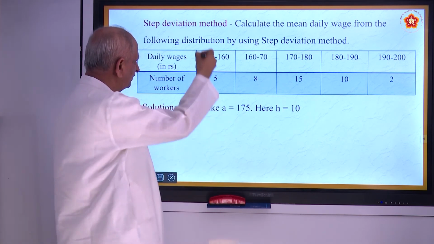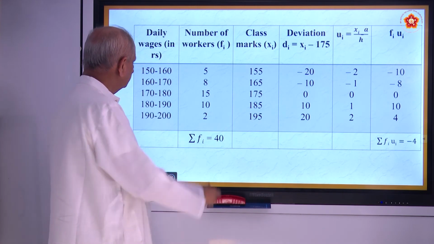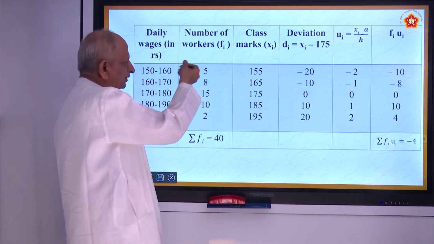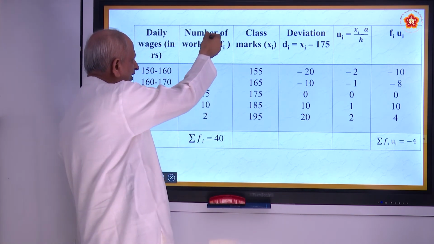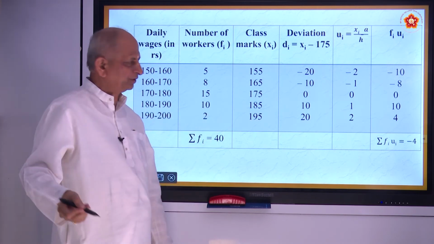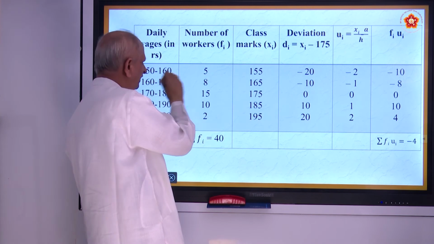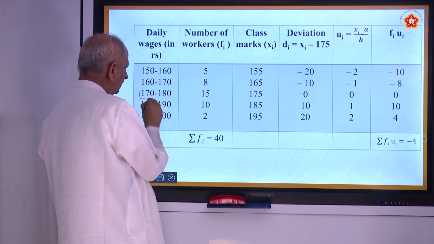Okay, now you have to write it vertically and then substitute. So this is the daily wages, this is what is called class intervals, number of workers, please note down, and class marks. Class marks means the average of these things. Here we take this as the assumed mean.